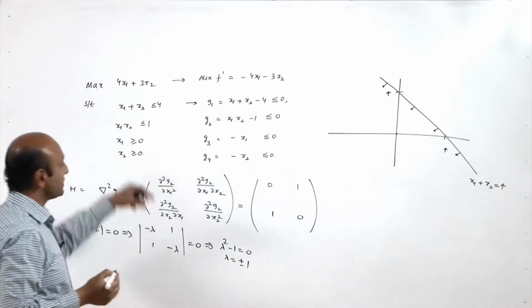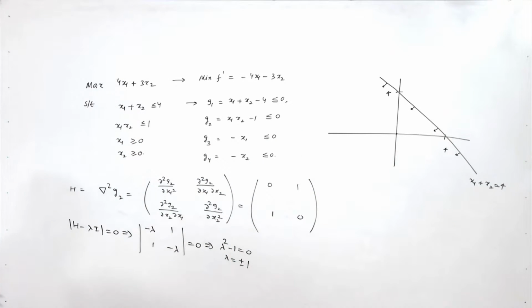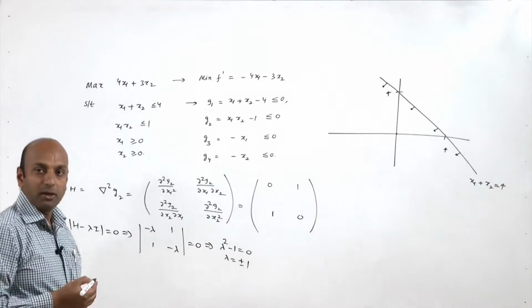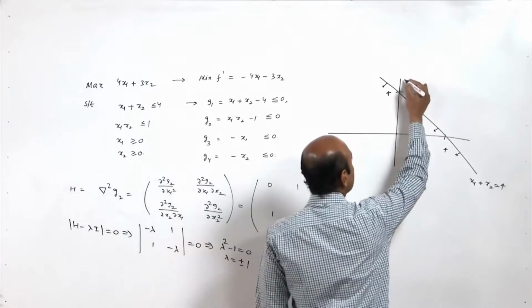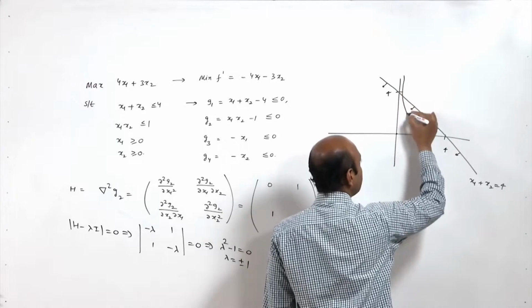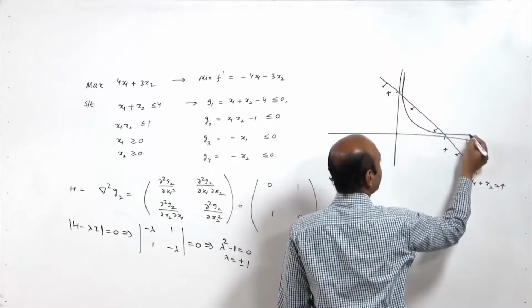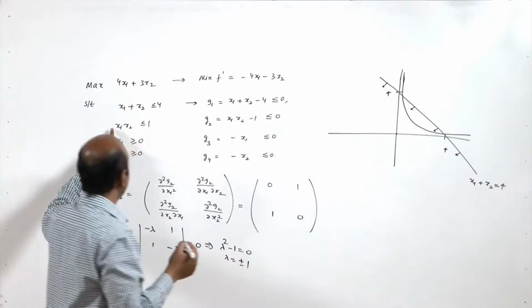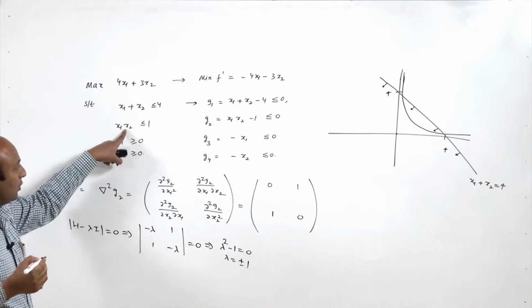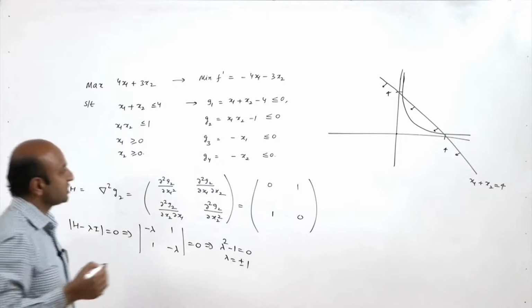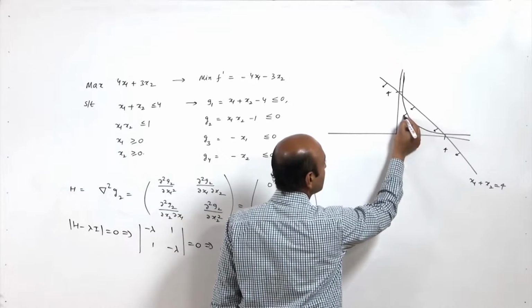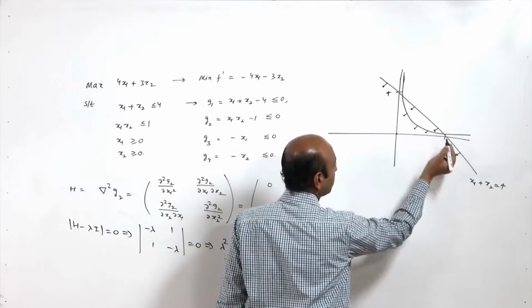Now, if you take the second constraint, x1 x2 less than or equal to 1, it is a rectangular hyperbola. Okay. x1 x2 less than or equal to 1, that means we might be having this type of hyperbola. And now take 0 0, 0 times 0 is 0 which is less than or equal to 1, that is true, so shade towards the origin again.